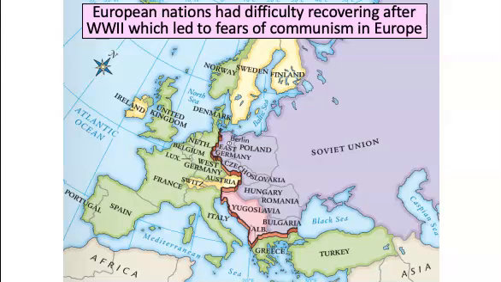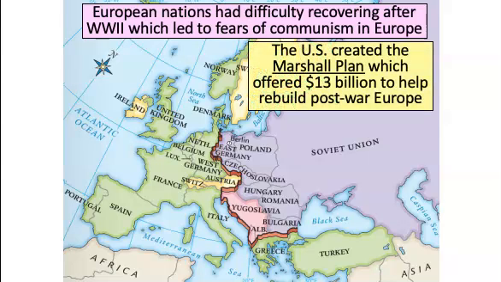So to help fend this off, the U.S. is going to create what is called the Marshall Plan. And this offers $13 billion in aid to help rebuild post-war Europe, especially post-war Western Europe.